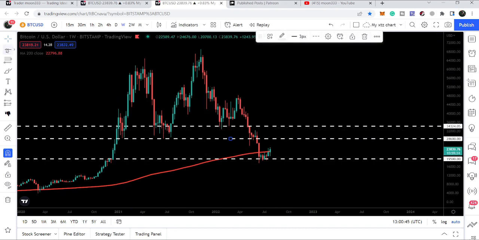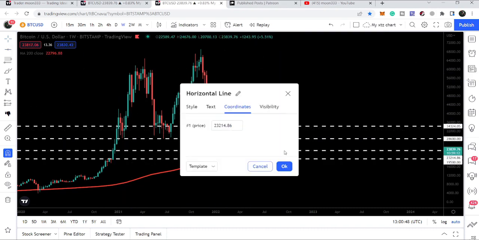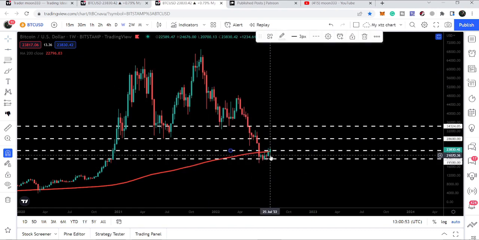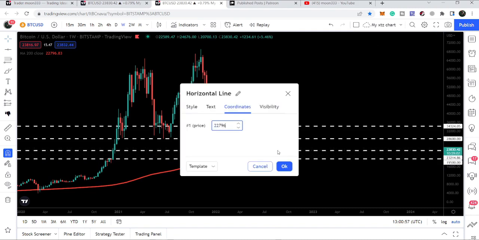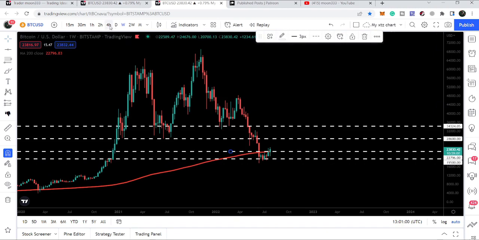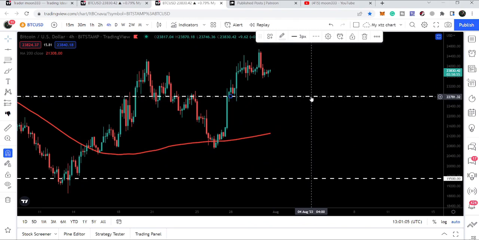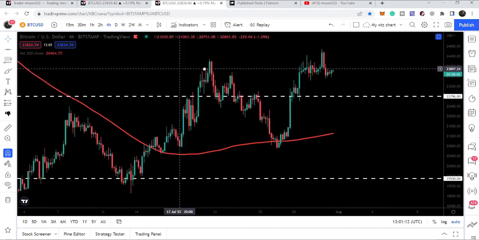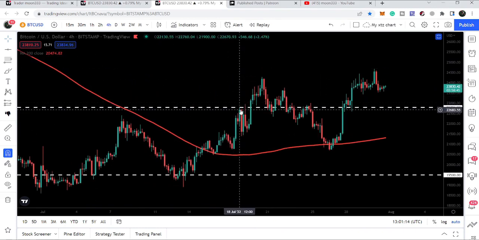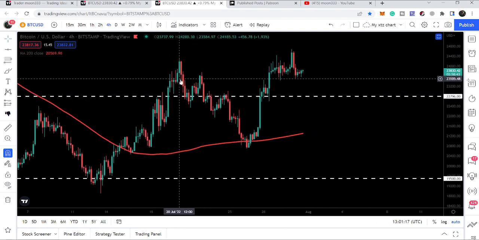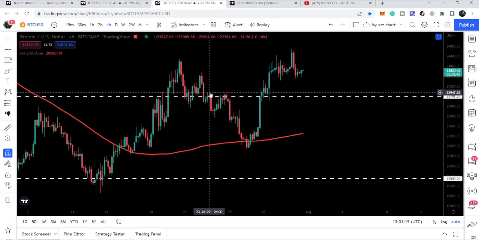Now, if I place another trend line here where we have the 200 weekly simple moving average at 22,796, and switch to the 4-hour time frame chart, then we can see that this level is working as a price support and resistance as well. Like recently we had several rejections, 1 and 2 rejections here, and here it worked as a support, and here it worked as a resistance.